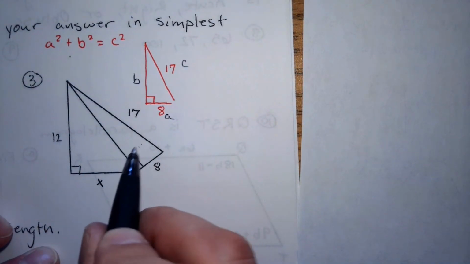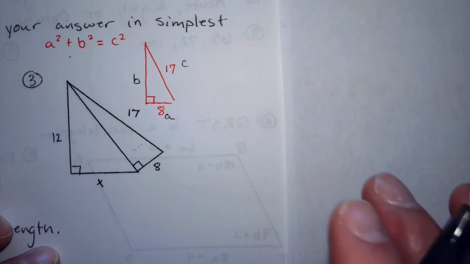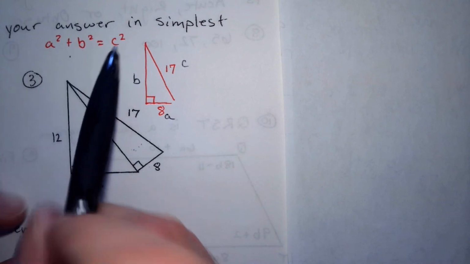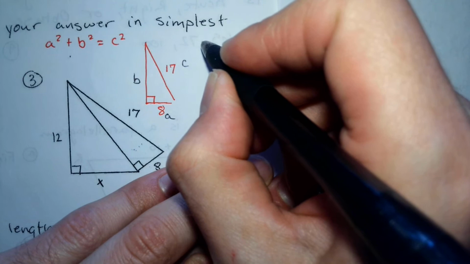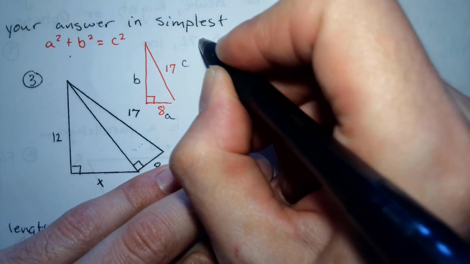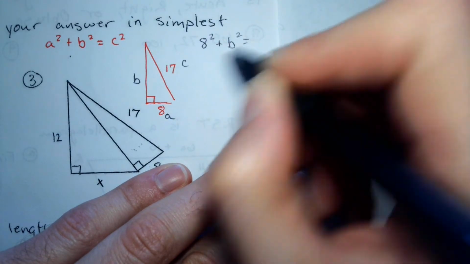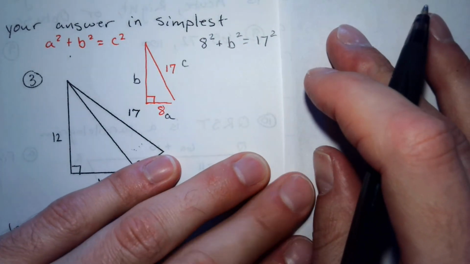That's this triangle here. I can solve for B using this, so that's what I'm going to do first. So A squared, which is 8 squared, plus B squared equals 17 squared.